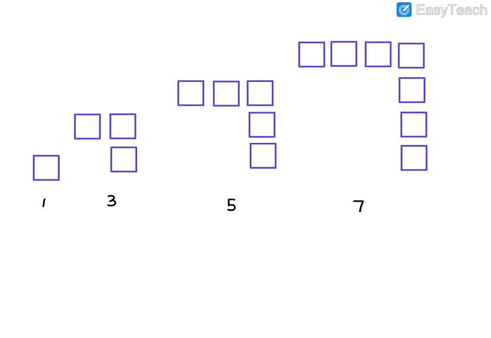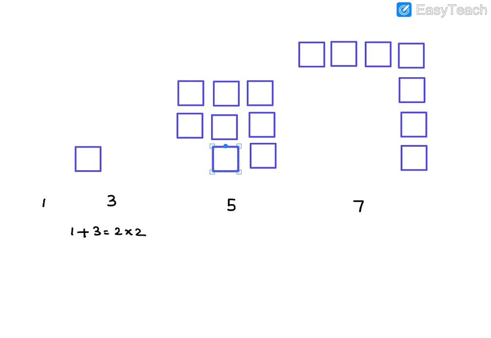If I were to add the first two odd numbers, say 1 and 3, all I have to do is arrange the squares in such a way that they are going to form an m by m square, or here in this case it is going to form a 2 by 2 square. Similarly, if I were to arrange all the objects in 1, 3 and 5, I will be getting a pattern similar to a 3 by 3 square.